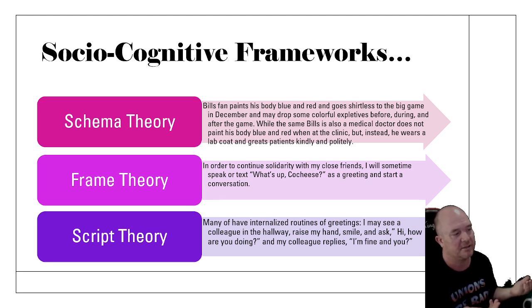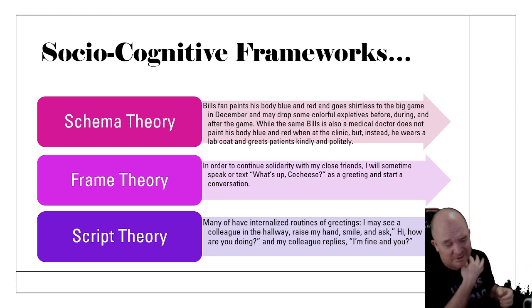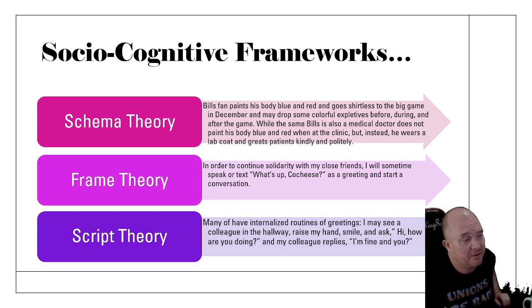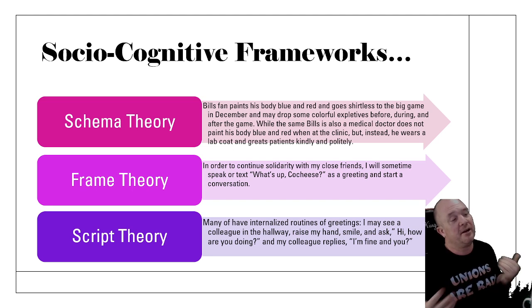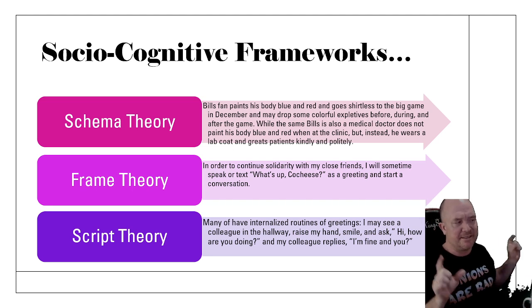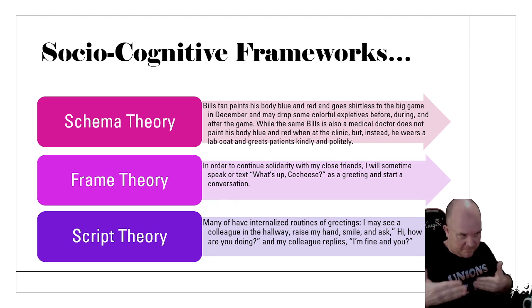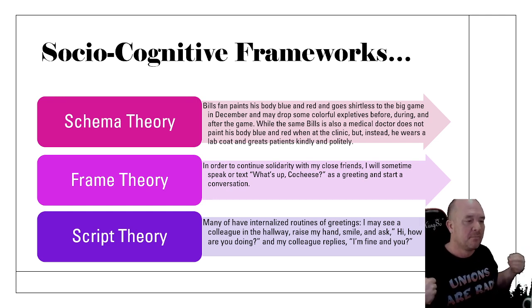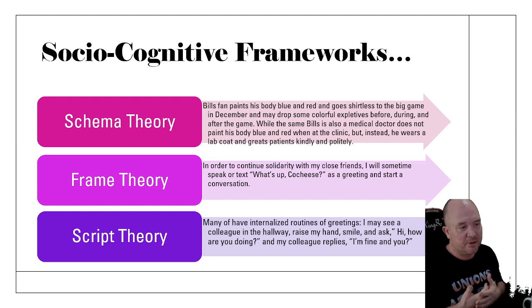I might start a speech or even a text, because my friends live far away, with "What's up, Coachies?" which is from a 90s Beastie Boys video, because my friends and I liked that video when we were younger. So we understand what this means, but anyone that's not in this close friendship would look at us sideways. But this is what we use to greet each other, and it's like, all right, we're going to have a conversation now.